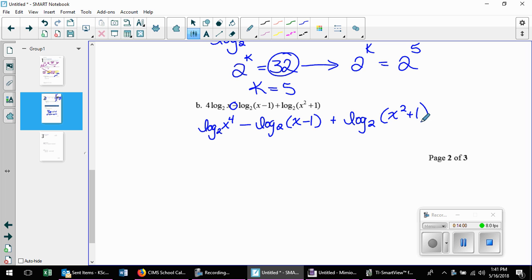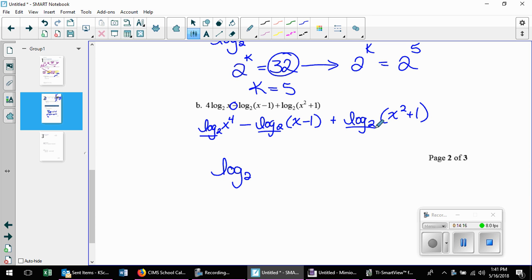You're not going to be able to evaluate this because you'll end up with 2 variables and you can't do that. So we're going to simplify it. They all have the same base, so it's log base 2.